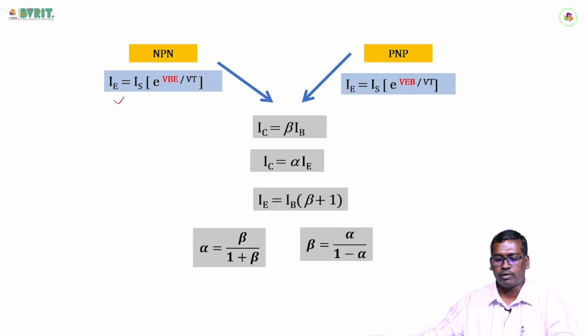This relation is very important to solve certain problems, to find out the currents. If you know any two currents in a transistor, you can find out the third current easily.